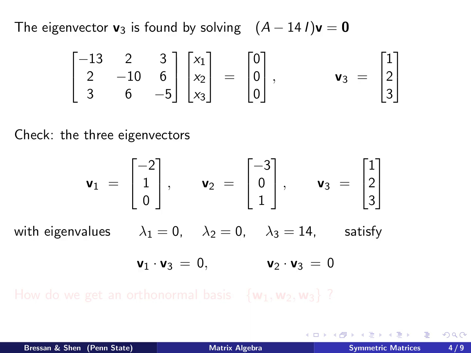However, here, if you check v1 and v2 just as they are now, you see that they are not perpendicular to each other. So v1 dot v2 would actually equal -2 times -3, which is 6. So the question now is, how do we get an orthonormal basis w1, w2, w3?